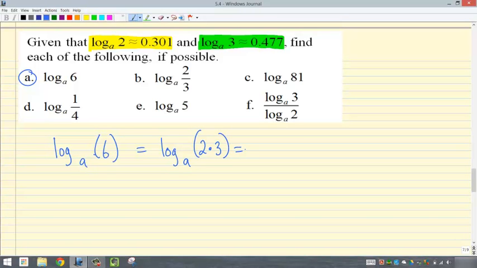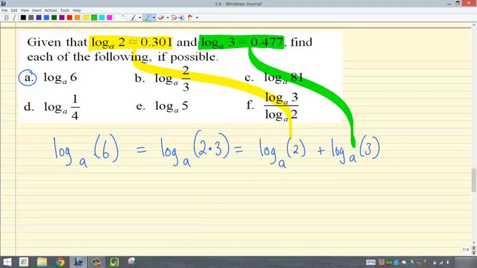And then if we break that apart using the product rule, it's log base a of 2 plus log base a of 3. And what is log base a of 2? 0.301. What is log base a of 3? 0.477. And what do I have to do with those? Add them up.